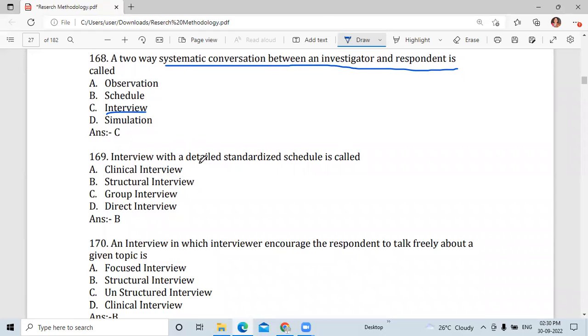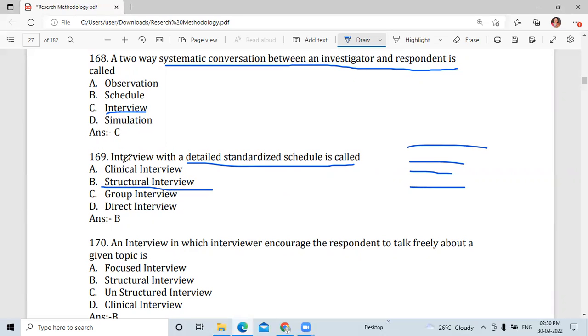Interview with a detailed standardized schedule is called what? It is a structured interview. An interview with a detailed schedule, for this time to this time, like this, we call a structured interview.